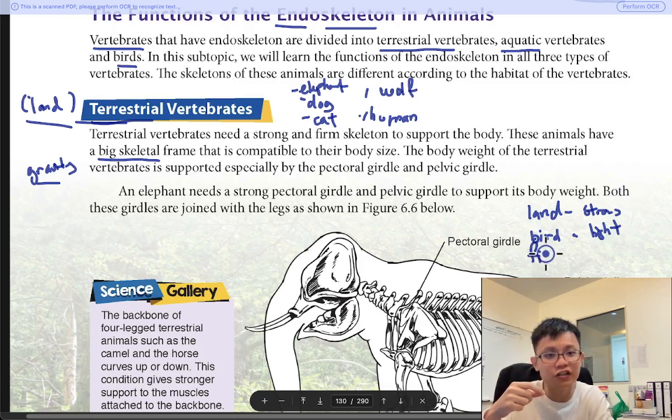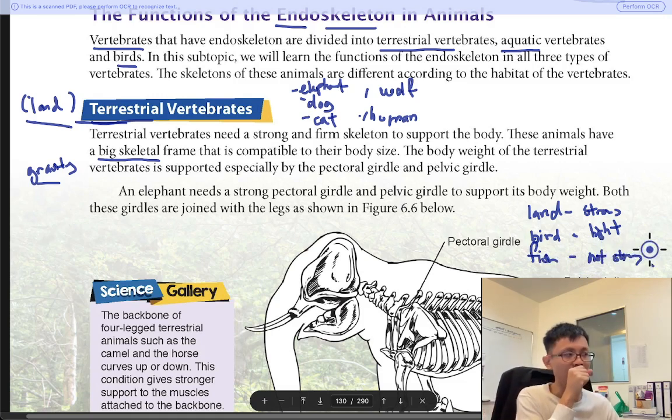And for the fish, I would say the fish bone is not that strong. You can see a fish, if you eat the fish, you don't see the bone very big, the bone very thin on it.